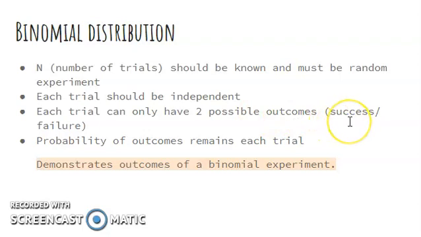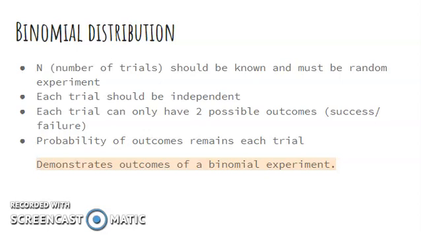Or you could think of it as success and failure. And the probability of outcomes remains the same in each trial. So again, using the coin, the probability of getting a head is 0.5, and the probability of getting a tail is also 0.5.